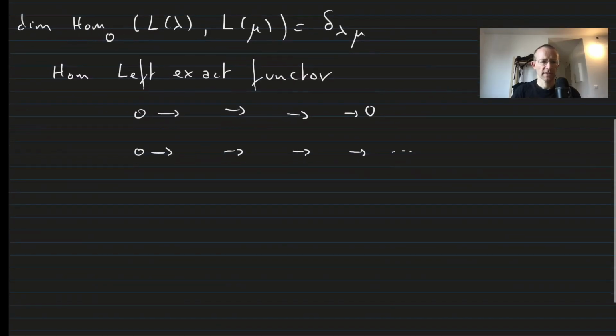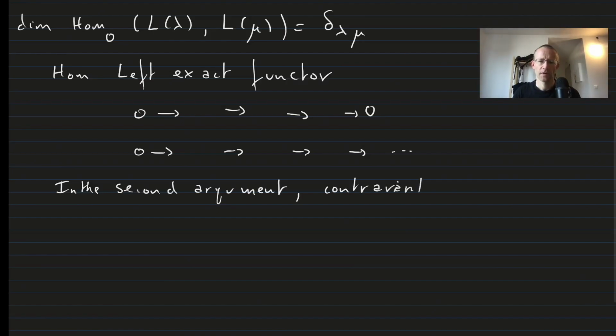Moreover, for second argument fixed, it is contravariant, which means that if we have a short exact sequence that goes from A to B to C to start with, then Hom in the second argument will reverse the order in the first argument.